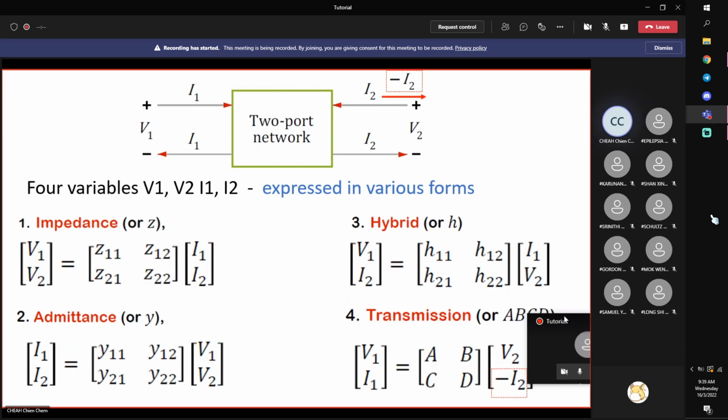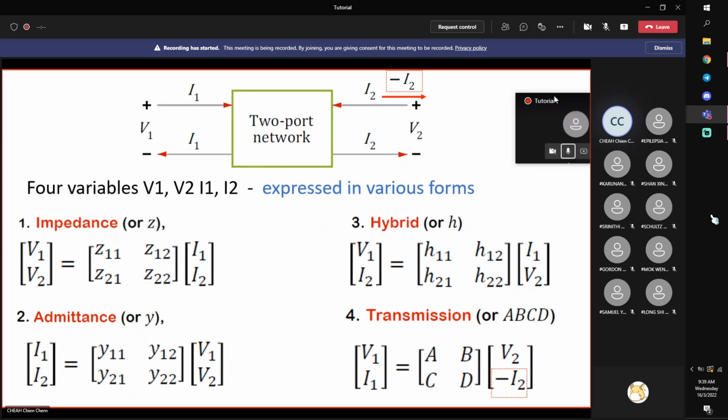And lastly, you have this also very important model. It's called transmission form. Now, as I mentioned to you, I1, I2 are by default inflow. But transmission means that you want to transmit, for example, from port 1 to port 2, from left-hand side to right-hand side.